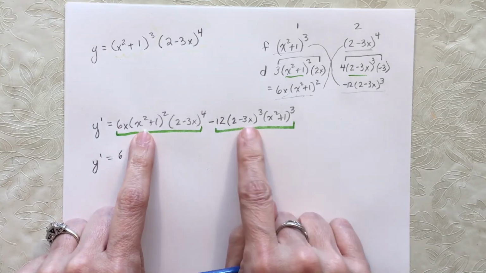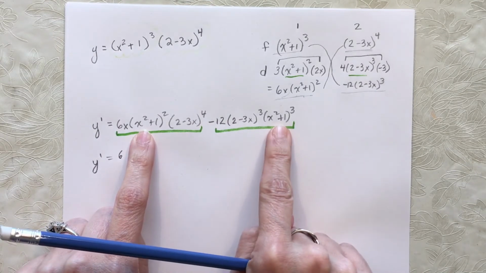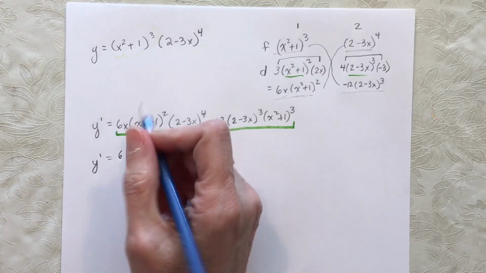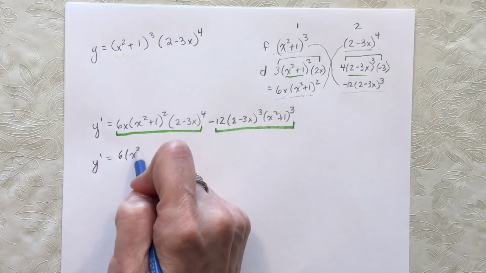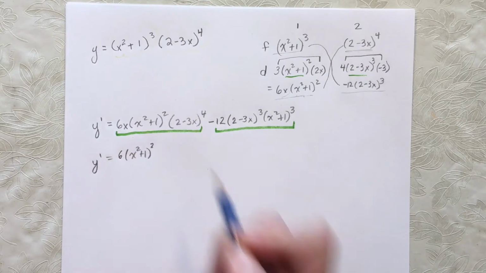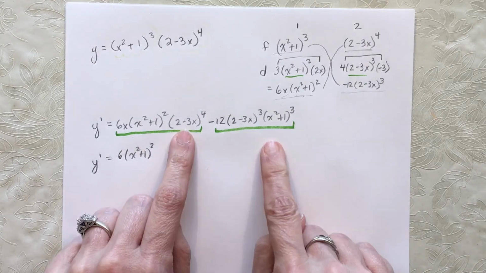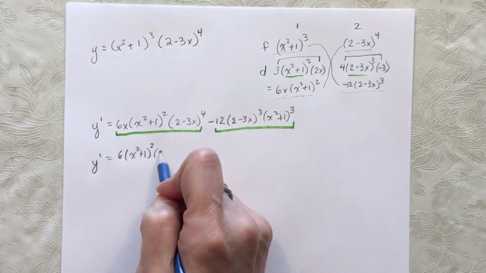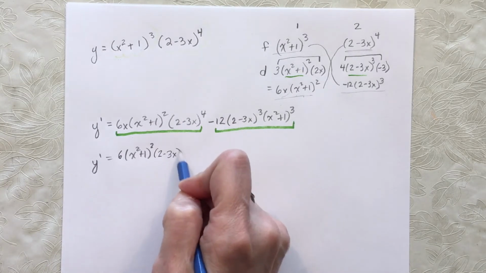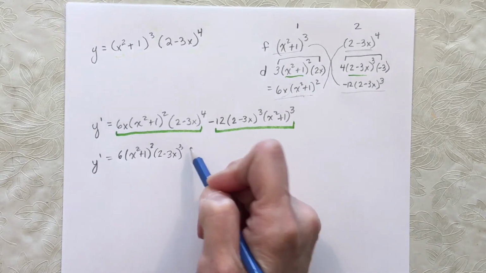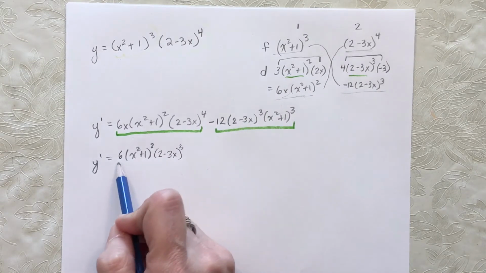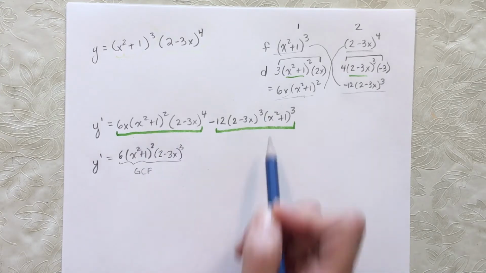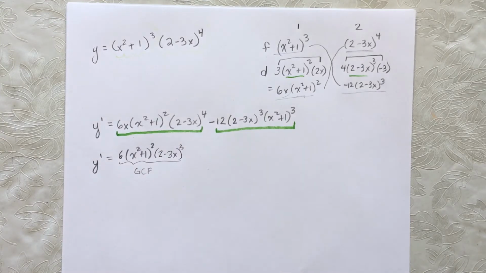Then I'm going to compare my x squared plus 1 binomials and choose the one with the smaller exponent. You'll see why in a second. And then I'm going to compare my 2 minus 3x's, and again, part of my greatest common factor will be the one with the smaller exponent. So here's my greatest common factor. This right here is the greatest common factor of these two big terms here.